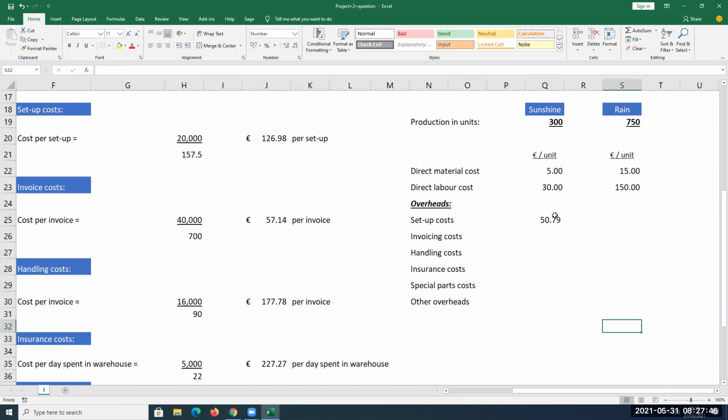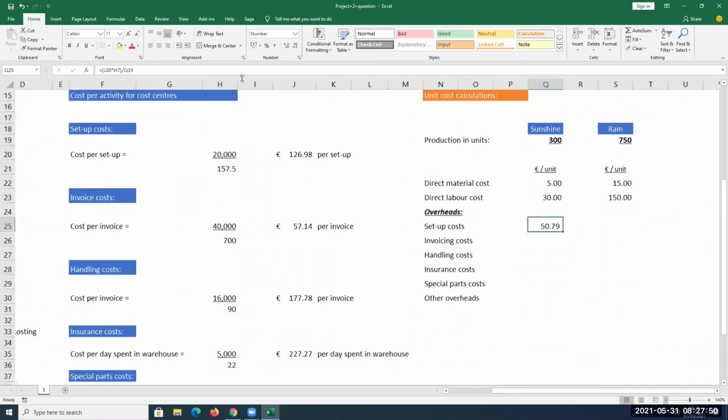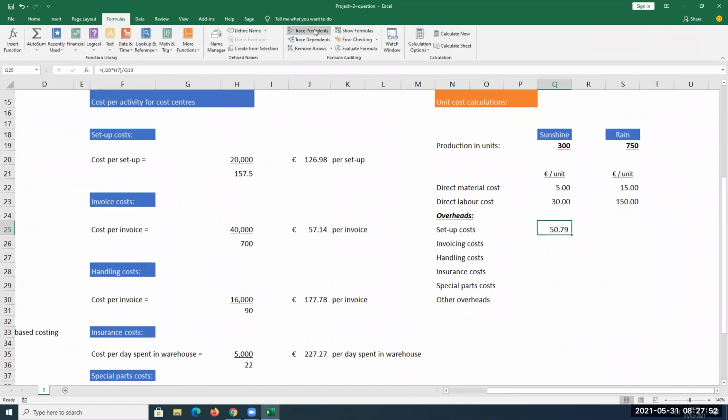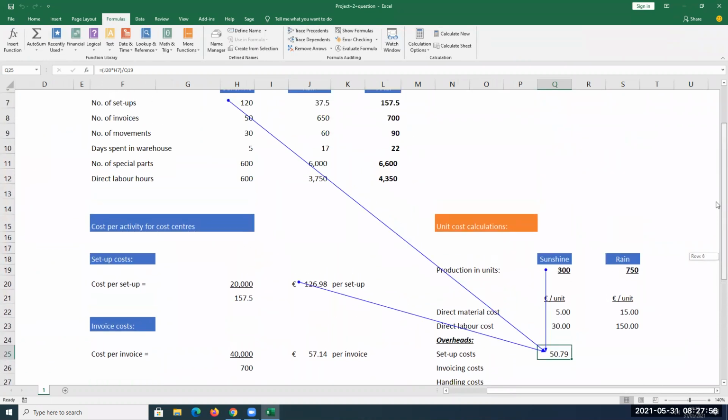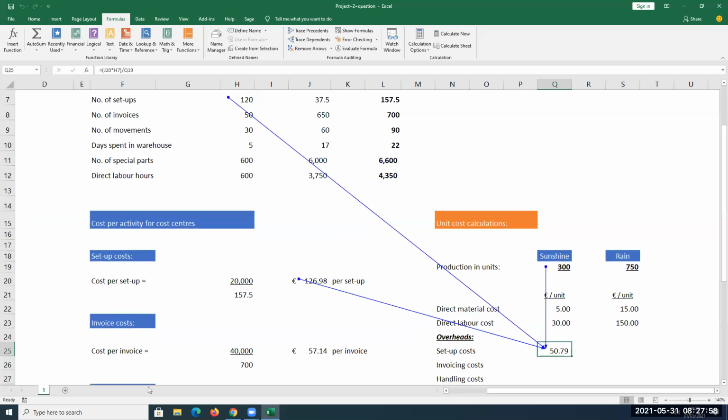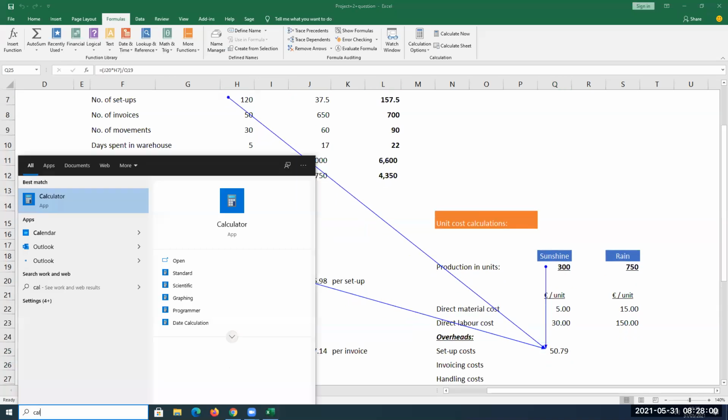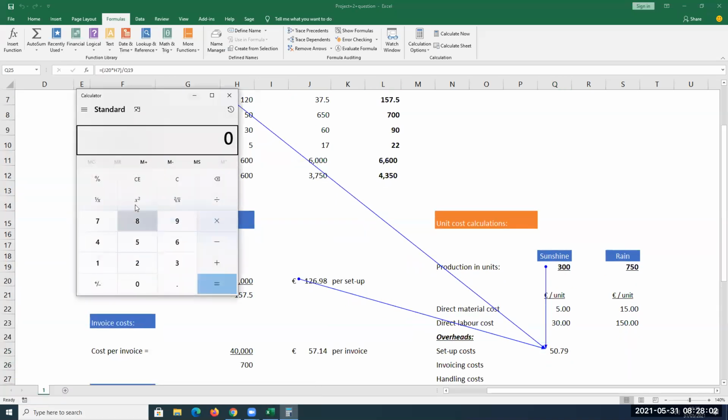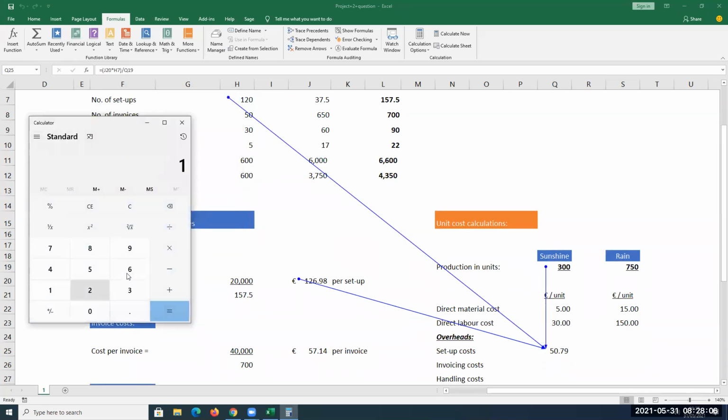Okay, now I can show you this figure. It's actually the result of these three figures. So what I did, okay, let me open my calculator. So setup cost is 126.98.